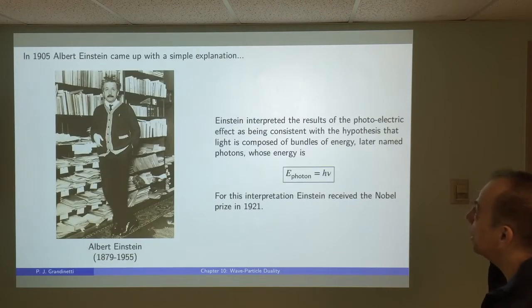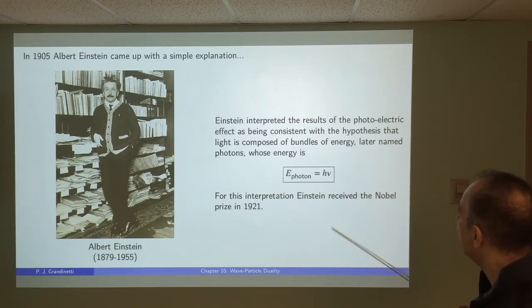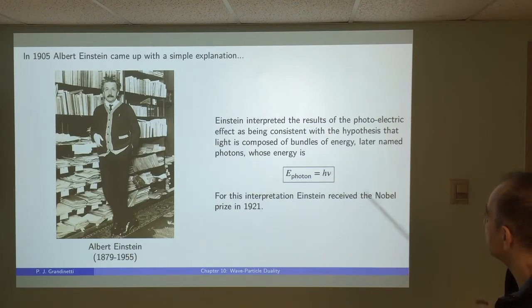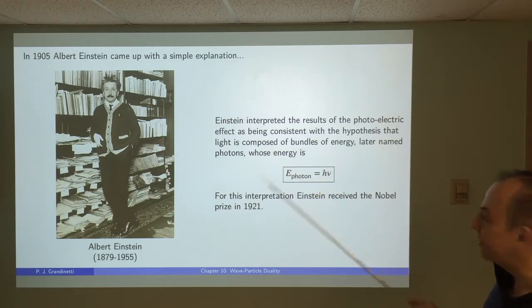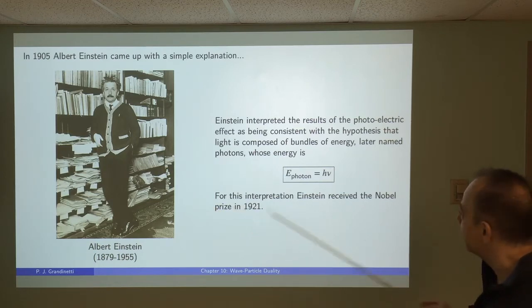And so the simple explanation for this came from Albert Einstein. This was 1905. Einstein, looking at these results, said, one way we can nicely interpret these results is that the light is actually composed of bundles of energy. He didn't call them photons, though it was a name developed later by G.N. Lewis.